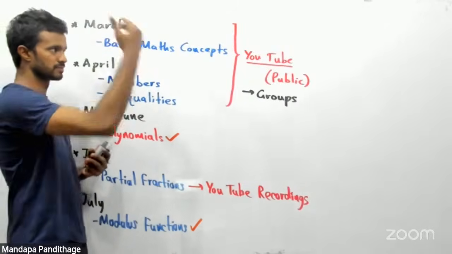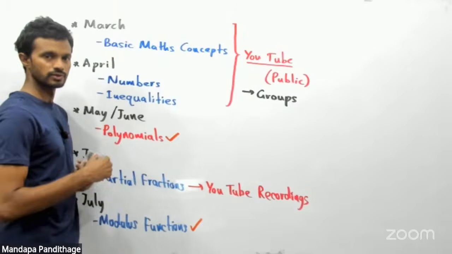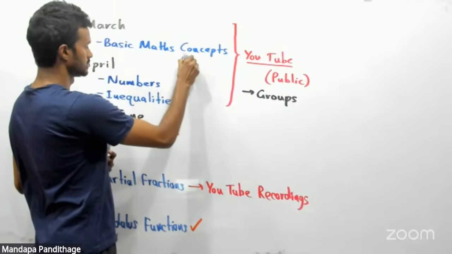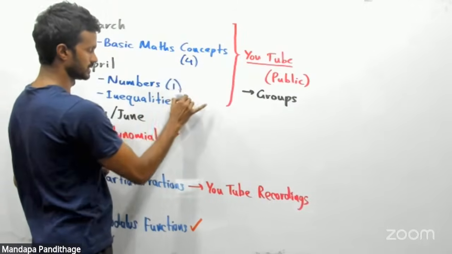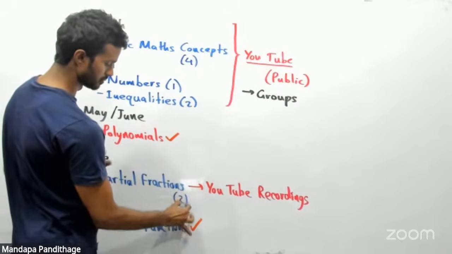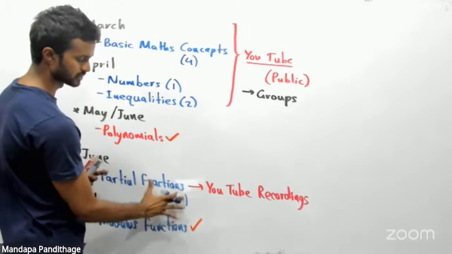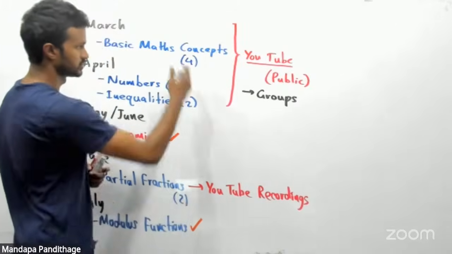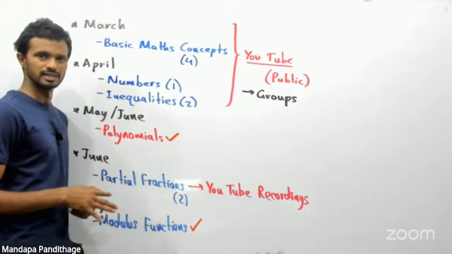For the basic mathematical concepts, there are 4 days of recordings. Numbers is one recording, inequalities is two, and partial fractions is two. You don't have to worry about these, because anyway we will be doing this. Being honest, you don't have to watch all these basic mathematical concepts recordings.